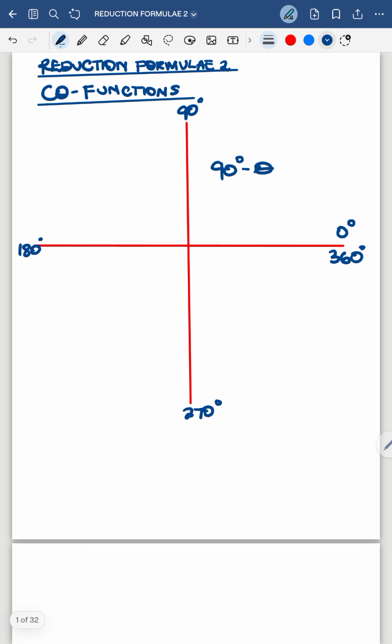Then here it's 180 degrees minus theta, then again 90 degrees plus theta.